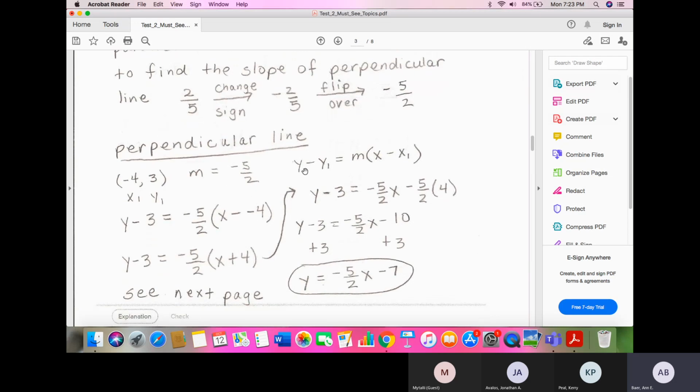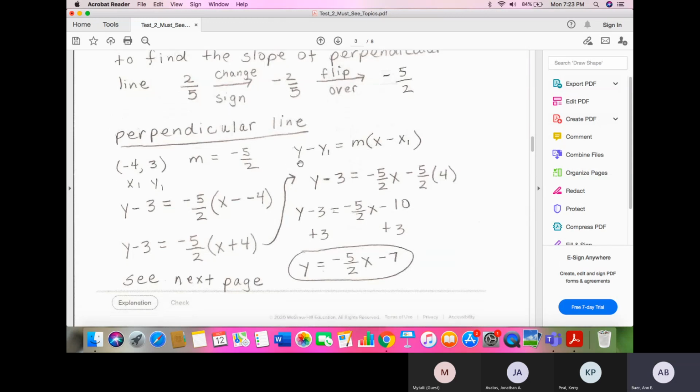So here's our point-slope form of the equation of a line. You're also welcome to use slope-intercept form if you know how to use it for such a problem. So point-slope form is y minus y1 equals the slope times x minus x1. So y minus y1, which is 3, equals our slope, which is -5/2, times x minus x1.